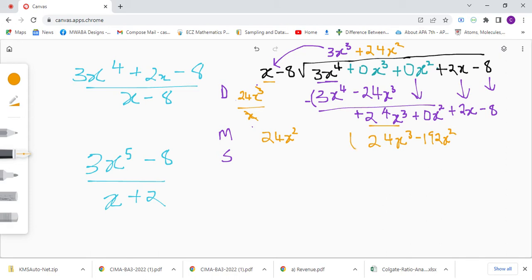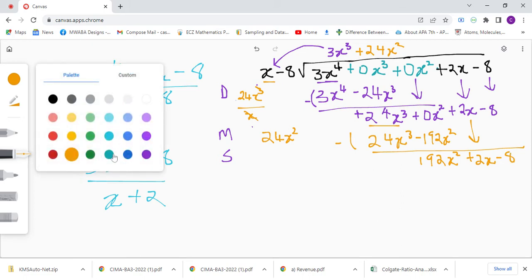Step 3, subtract. 24x cubed minus 24x cubed, 0. 0 minus negative 192x squared, we get positive 192x squared. Then we can drop this plus 2x minus 8.